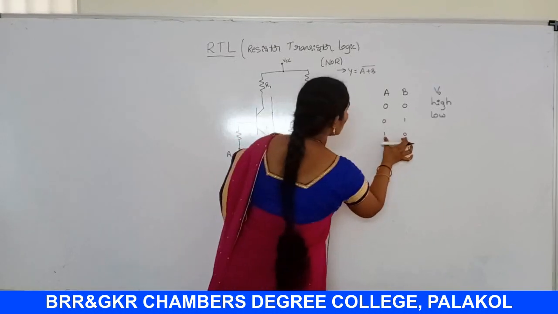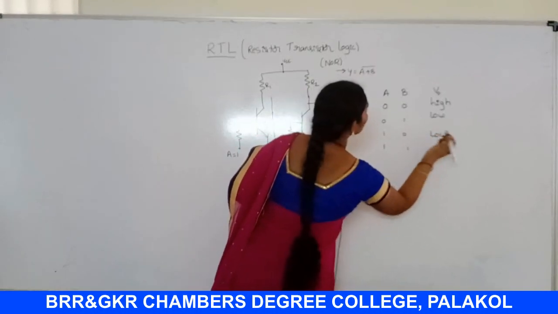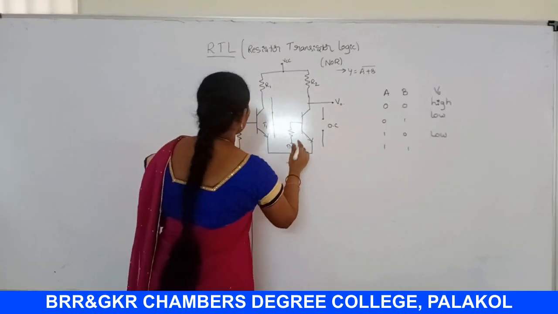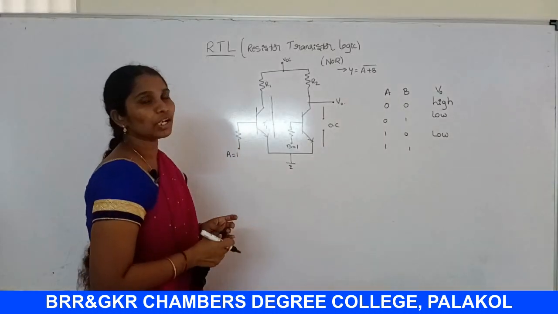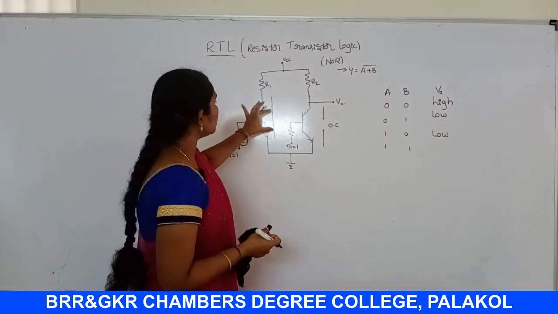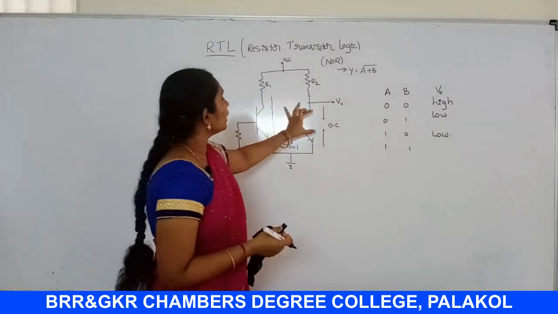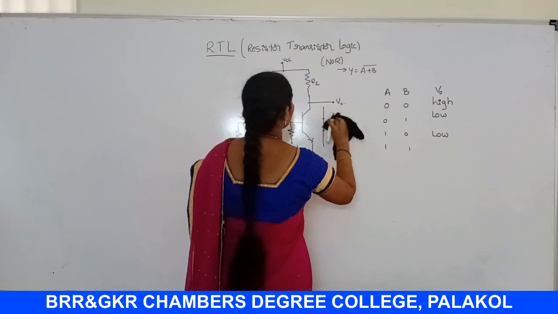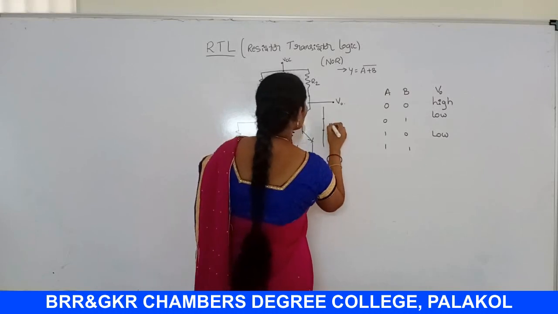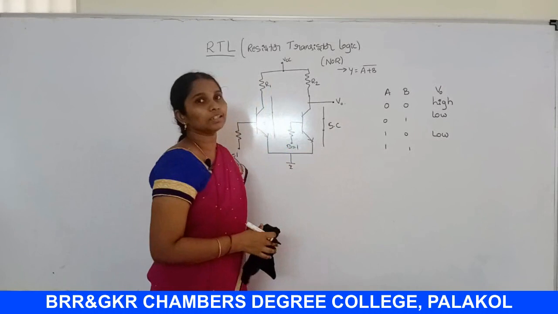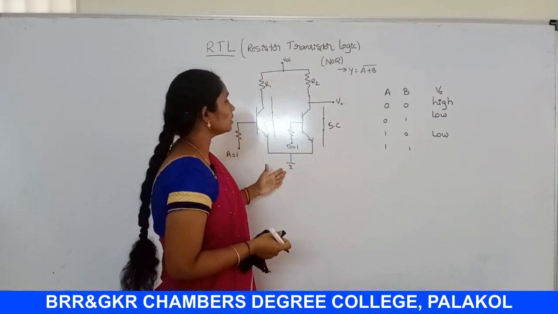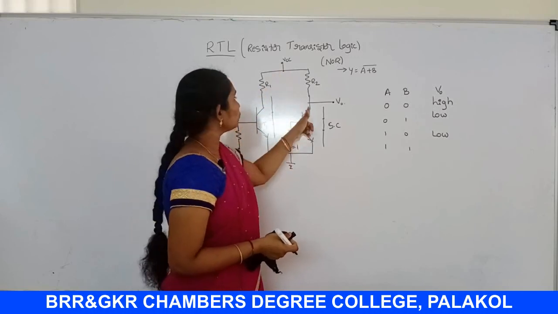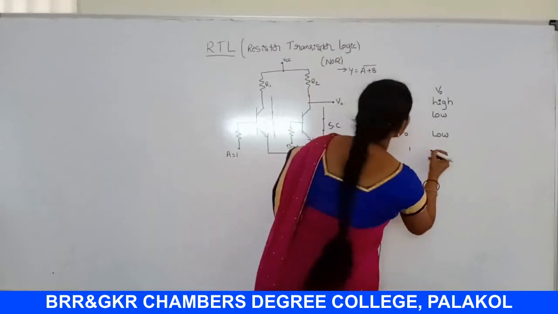Therefore in this case also the output is low. The next condition is 1 1. In this condition, transistor T1 is short circuited and transistor T2 is also short circuited. That means there is a path for the voltage to flow to ground. So the supply voltage flows to ground. Therefore finally the output is low.